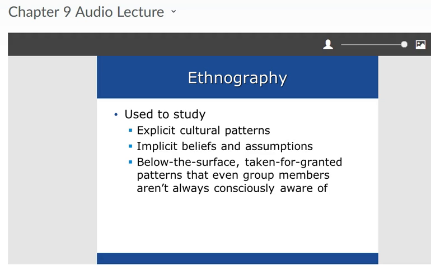It's formulated to describe beliefs and assumptions of that cultural group and really look below the surface, so dig deeper, understanding the reasons why people practice certain customs, belief systems, and again, not just within an ethnic group, but even within a community group, subculture, etc.